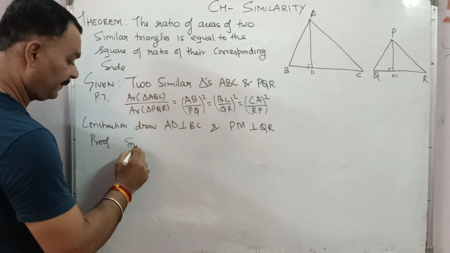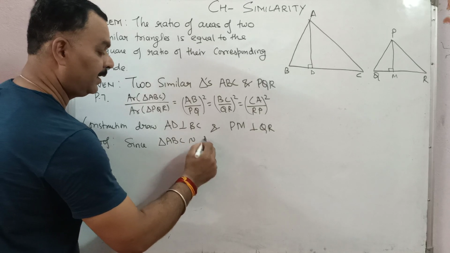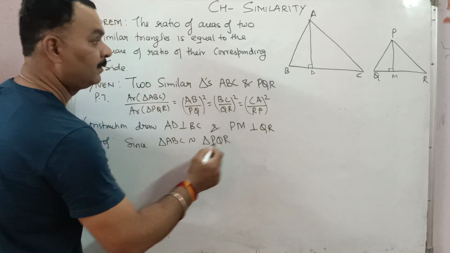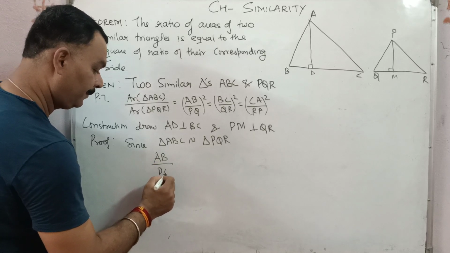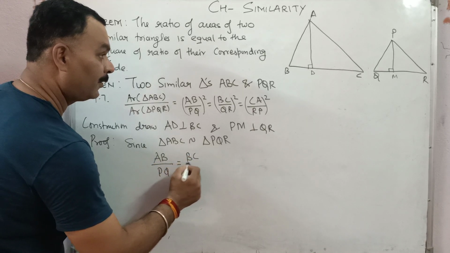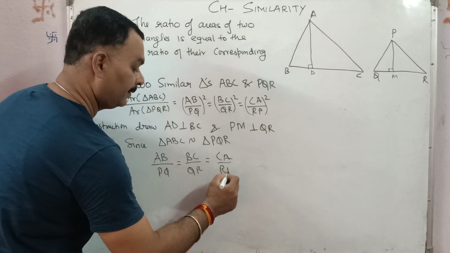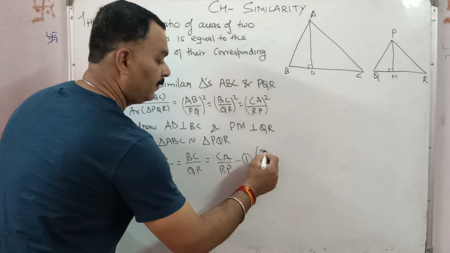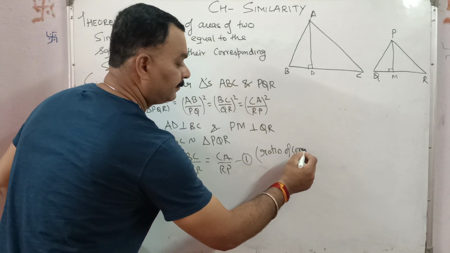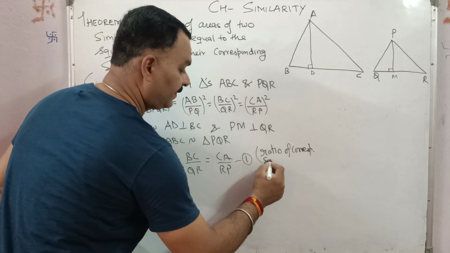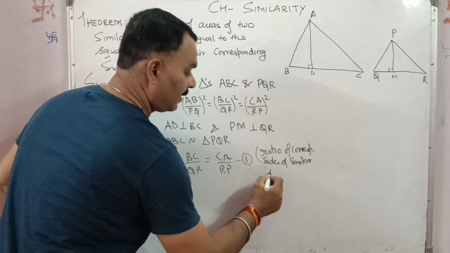Now since triangle ABC is similar to triangle PQR, so we can easily write AB upon PQ is equal to BC upon QR is equal to CA upon RP. This is first. We all know that reason, the ratio of corresponding sides of similar triangles are equal.